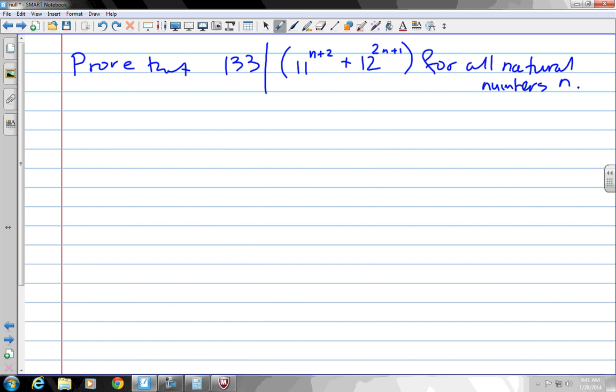Because n is any natural number, it starts at 1, so that's my base case, n equals 1. Let's literally plug in 1 and see whatever we get, is that divisible by 133. Okay? So we're going to try to prove this by induction. So first establish the base case.